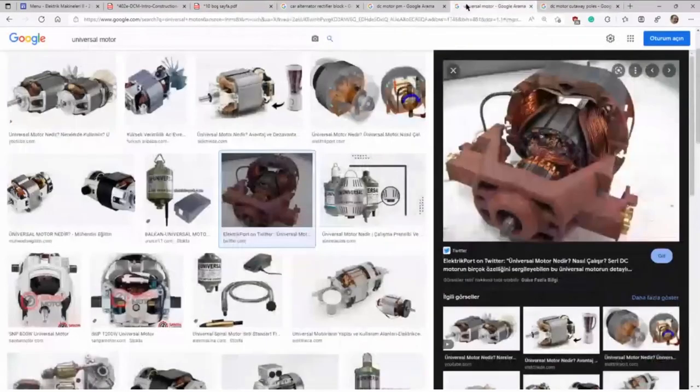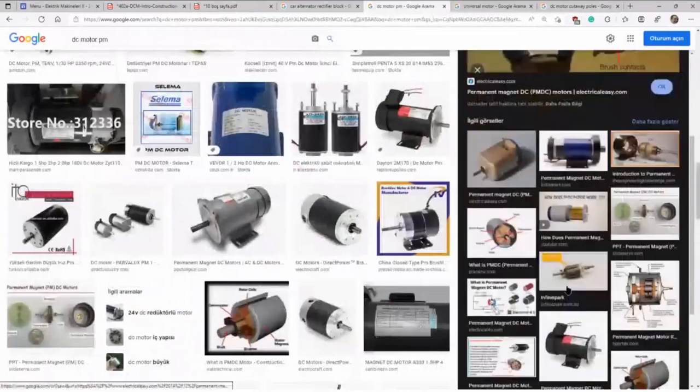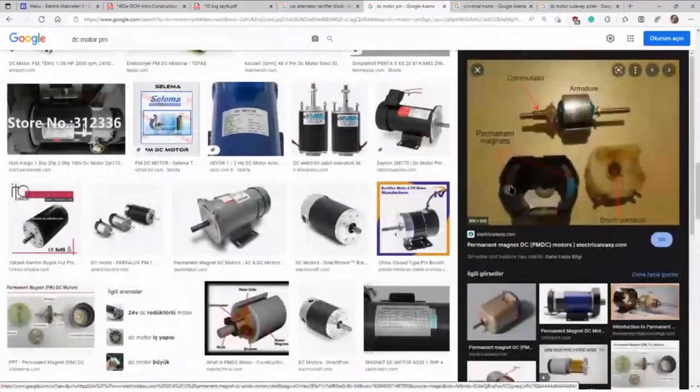Okay, let's find it again. Here it was. You see, here are permanent magnets. Those permanent magnets inside the frame construct the stator. That is the main magnetic field. Inside the stator, there is a rotor having armature coils. That armature coils will induce electromotive force.